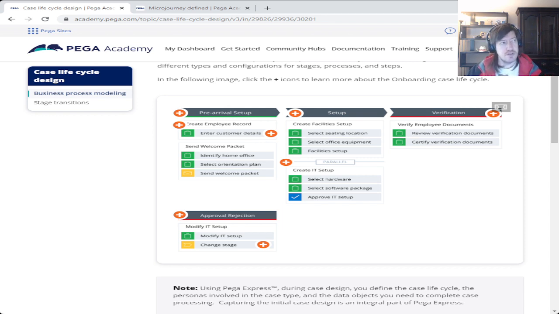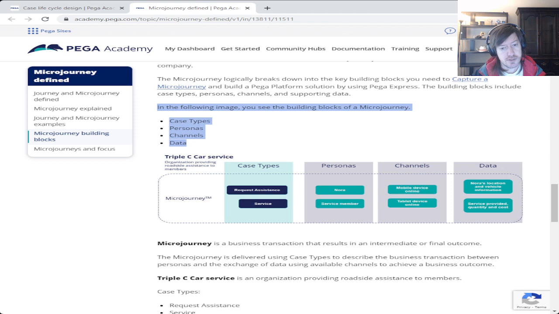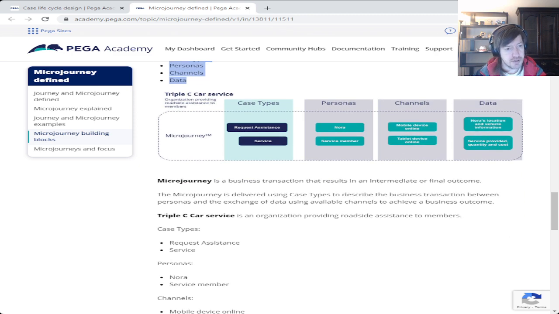There's no resolving that. I could do a stage of request assistance, and the next stage is service. This is poor design if they're doing two different case types for this. This should all be in one case lifecycle. So I don't know what the heck they're doing on this.